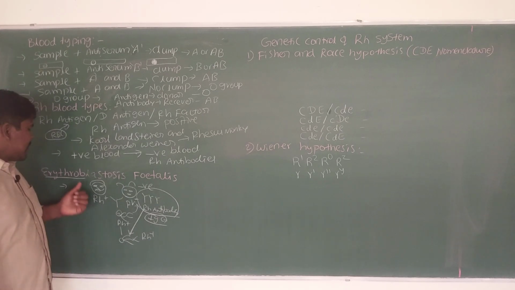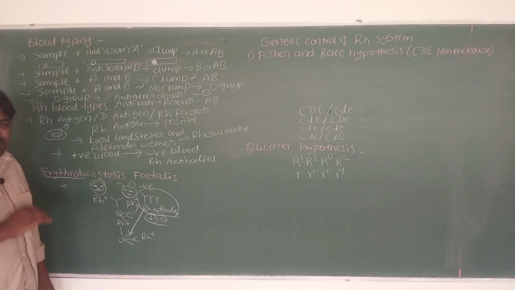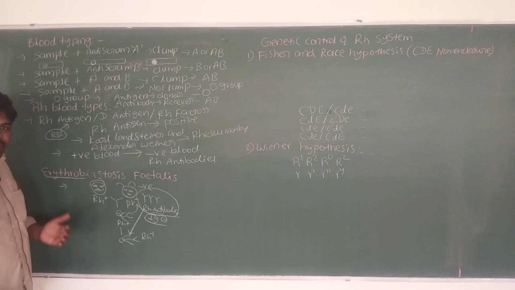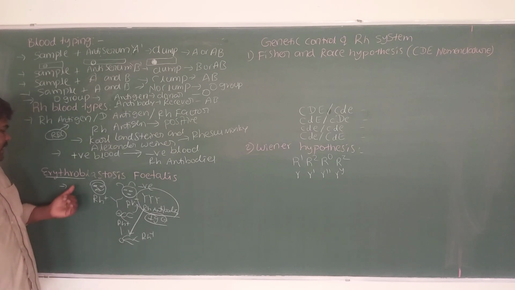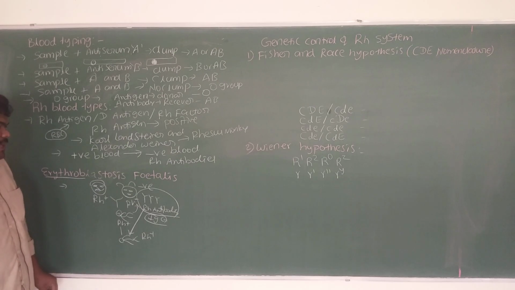Preformed red blood cells, erythroblasts, directly enter into the bloodstream. A lot of erythroblasts, which are preformed RBCs, directly enter into the fetus, hence this is also called erythroblastosis fetalis. Okay, that is about erythroblastosis fetalis.